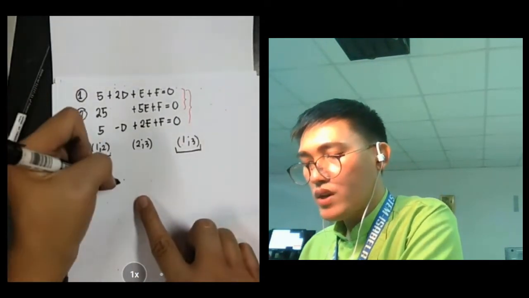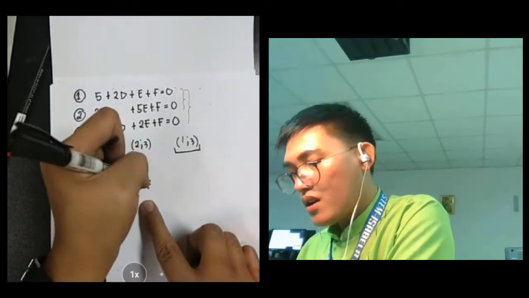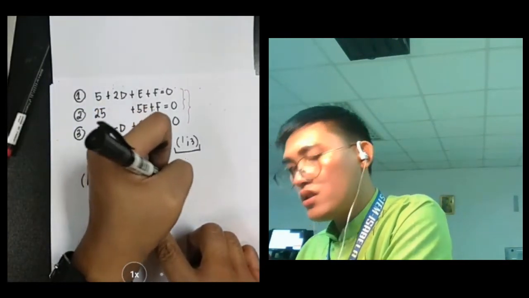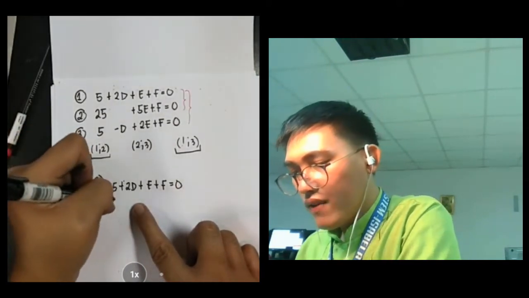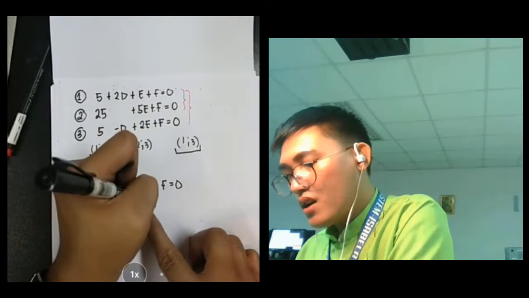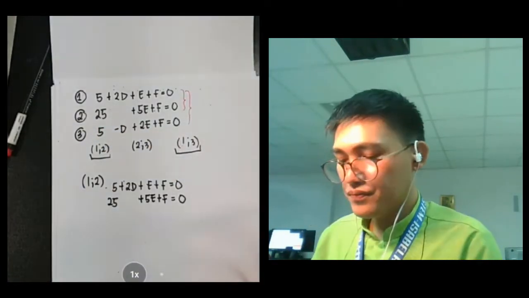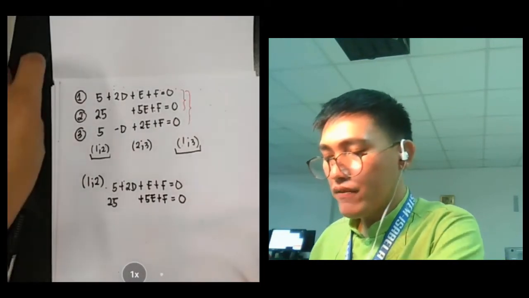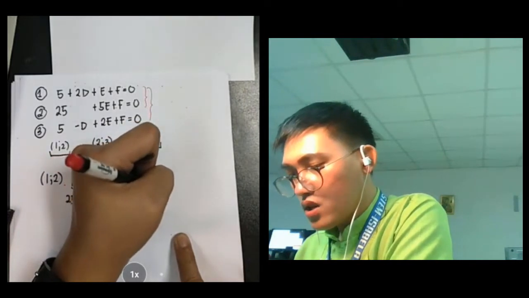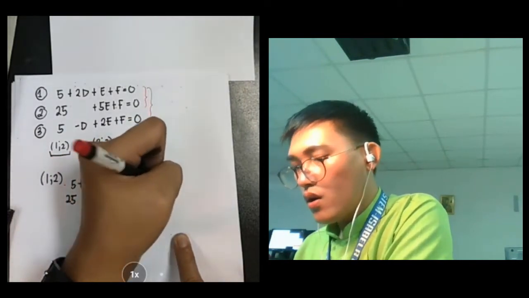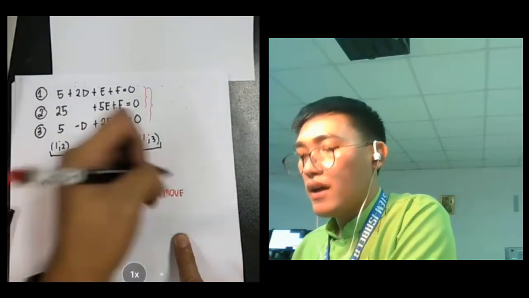5 plus 2d plus e plus f is equal to 0. Then for equation 2, we have 25 plus 5e plus f is equal to 0. Again, review: our objective here is to remove a variable.